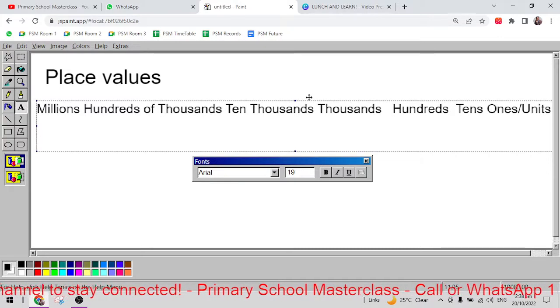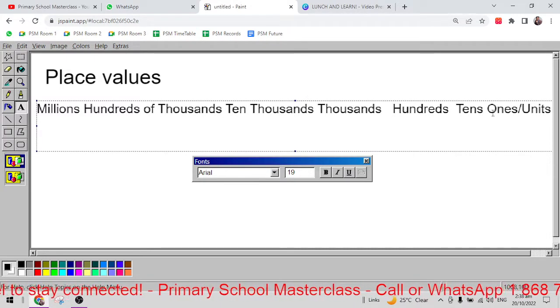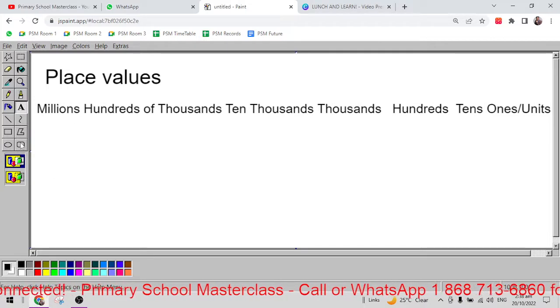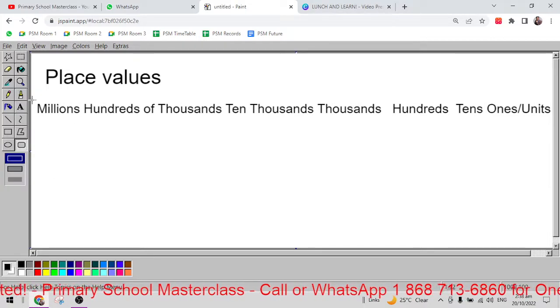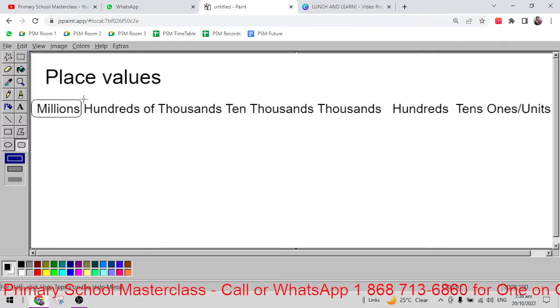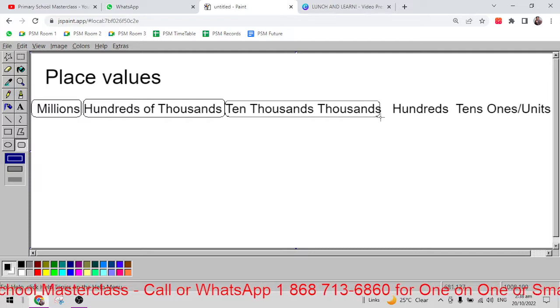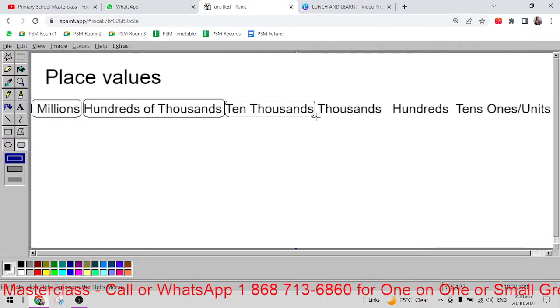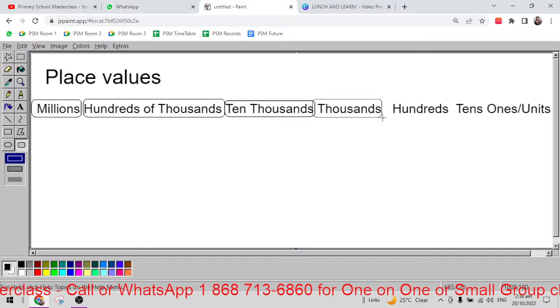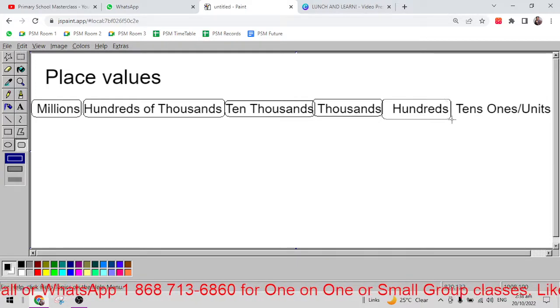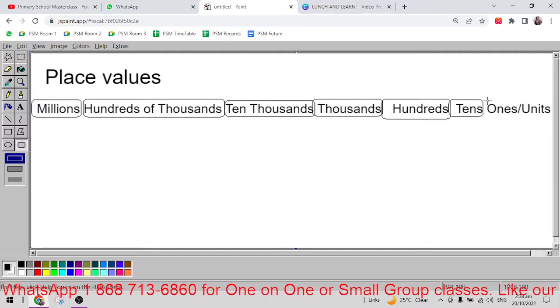So 1, 2, 3, 4, 5, 6, 7. Okay, good. Let me separate them. So we have the millions, the hundreds of thousands, the tens of thousands, then the thousands, then the hundreds, then the tens, then the ones.